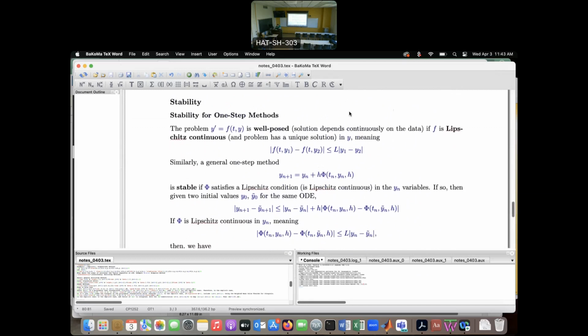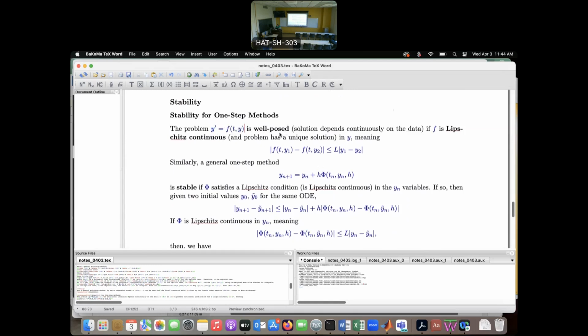Now, the concept of stability for a numerical method is related to the concept of well-posedness for the underlying differential equation. So we say that a general ODE is well-posed if the solution exists, the solution is unique, and if the solution depends continuously on the data. So a small change in the problem data would not cause a large change in the solution.